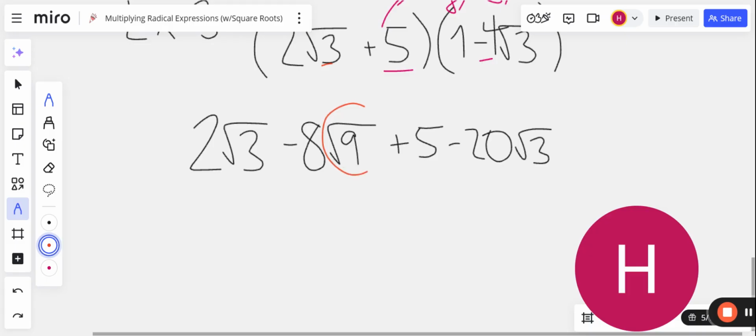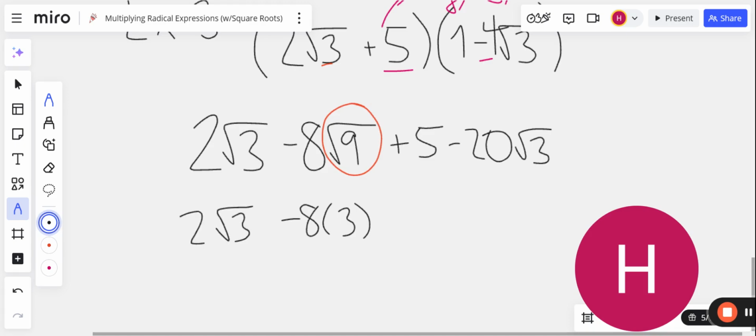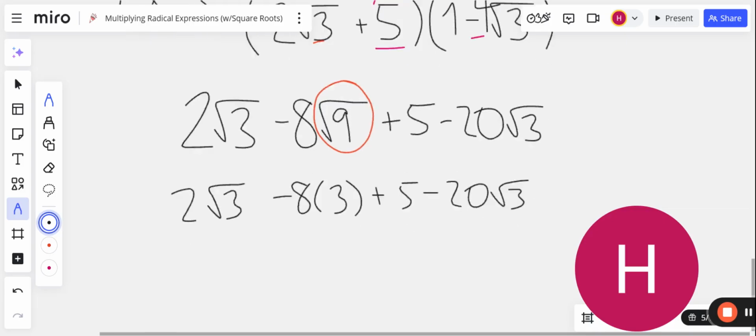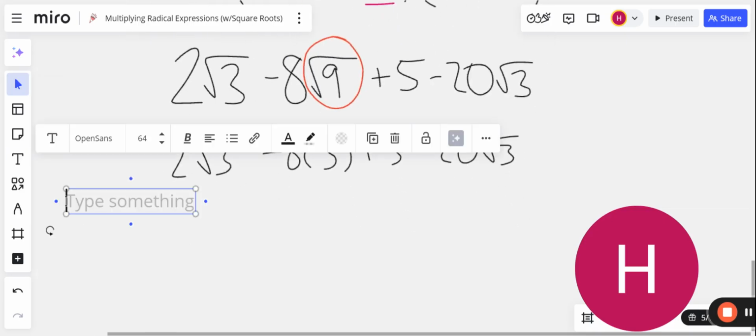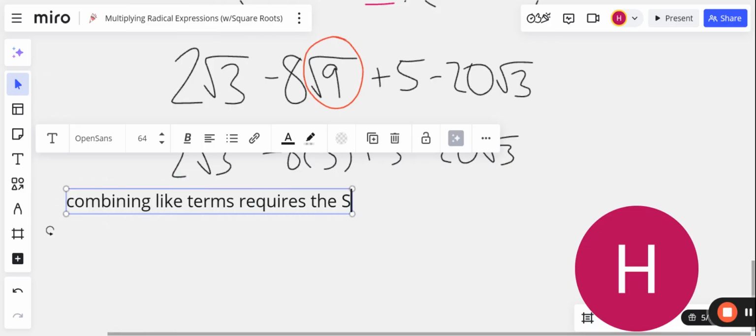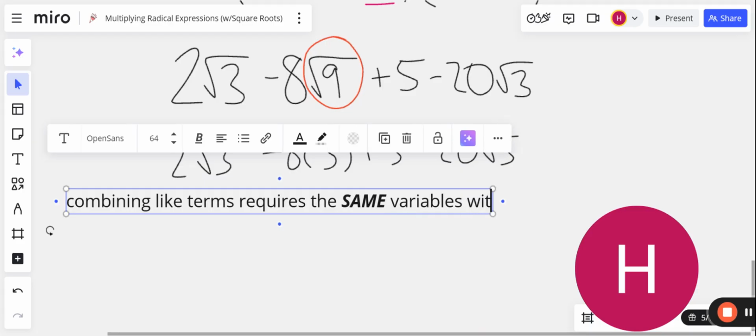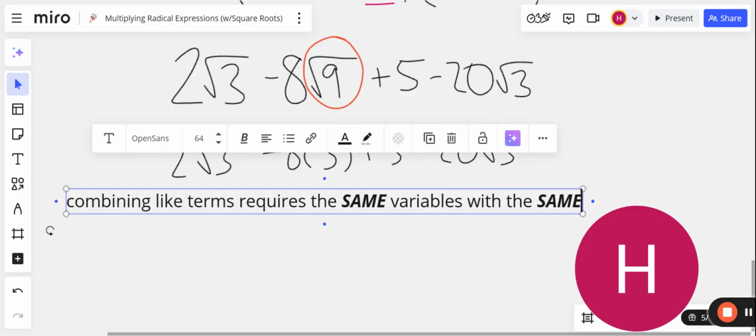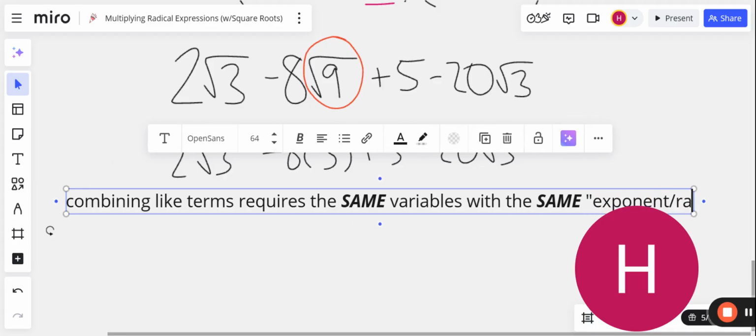This could be simplified because the square root of 9, that's a perfect square. That's just 3. And then what do we do with these radical expressions? We want to combine like terms at this stage. And you might remember that combining like terms requires the same variables with the same exponent slash radical.